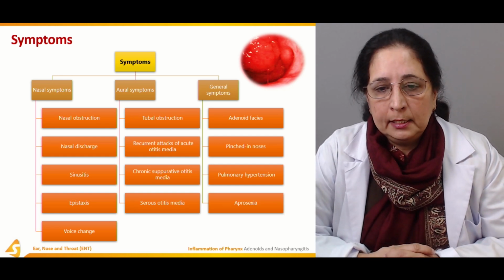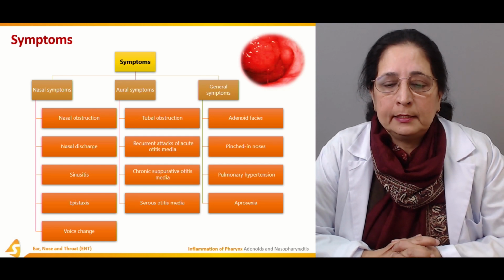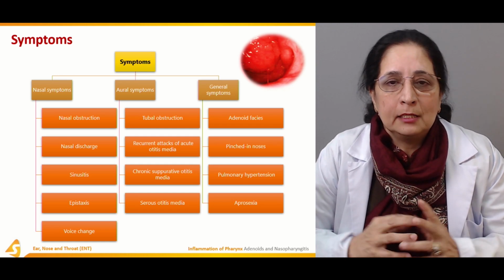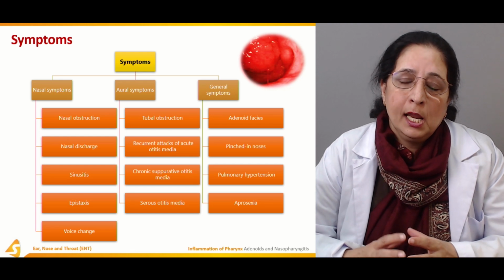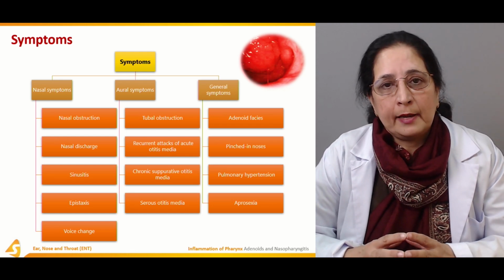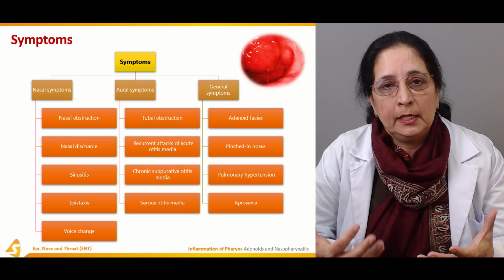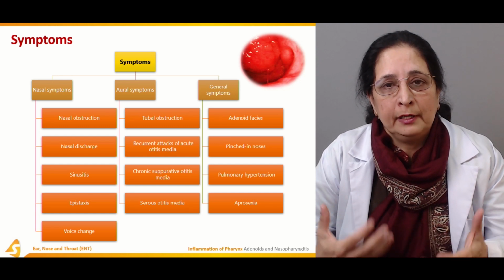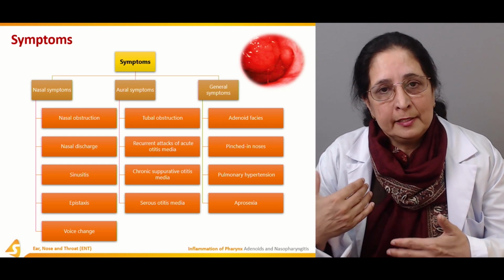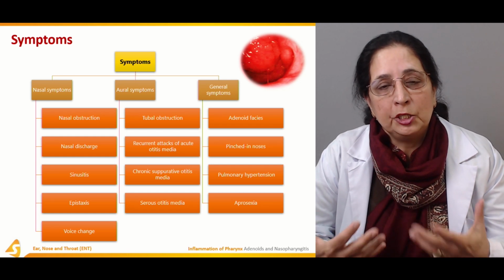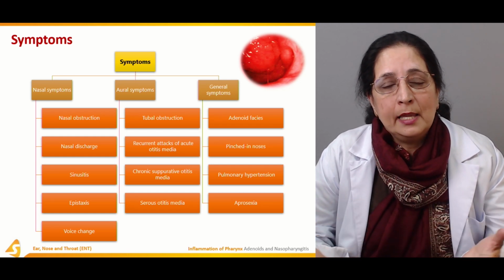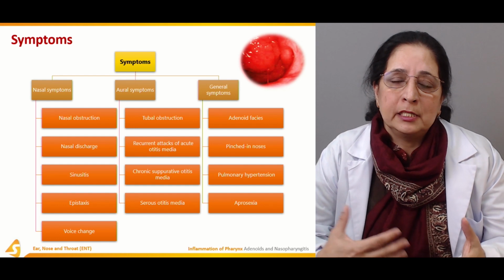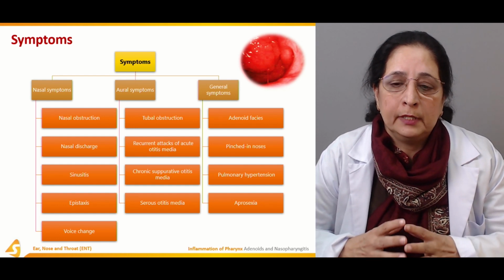Aprosexia is the condition when there is lack of concentration. Concentration is also affected because of the nasal obstruction, difficulty in breathing. There is decreased supply of oxygen to the brain also, and all that can cause decrease in concentration of the patient.